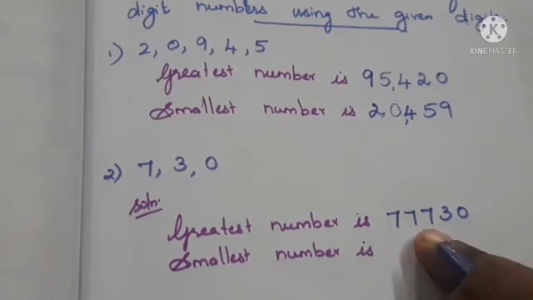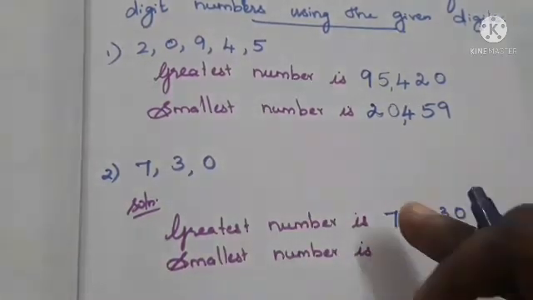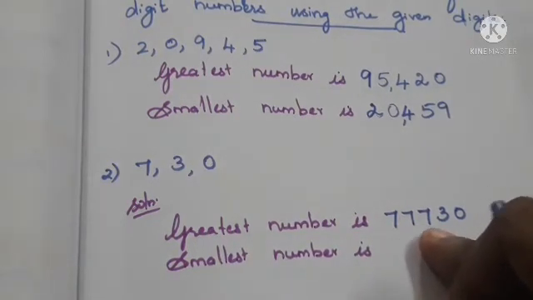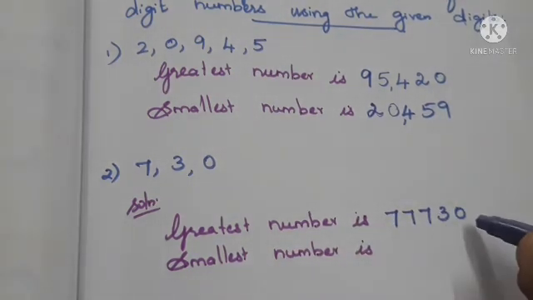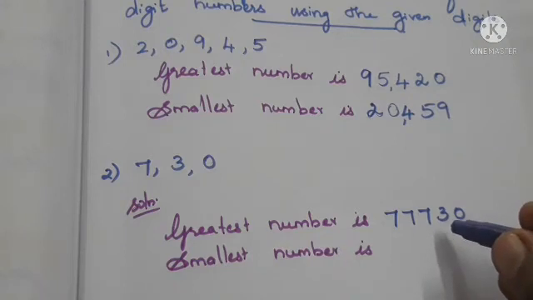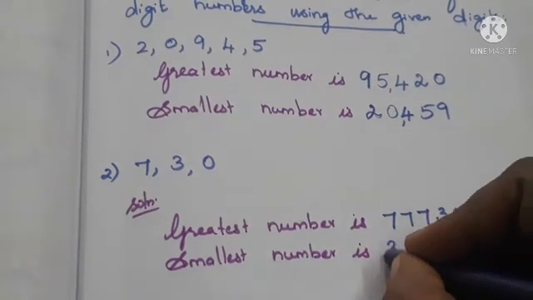Okay, we have to repeat the greatest digit given, as many times as you need. Okay, for the smallest number, among these, 0 only, don't write the 0 first. Already I told you, you have to write the second smaller number. That is 3, the second smaller. So write the 3.